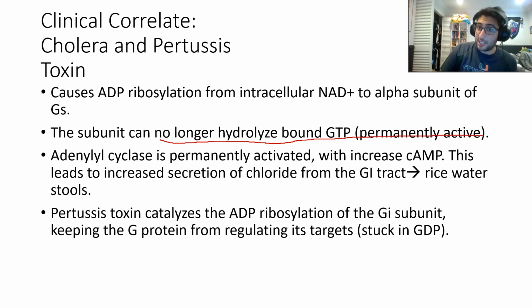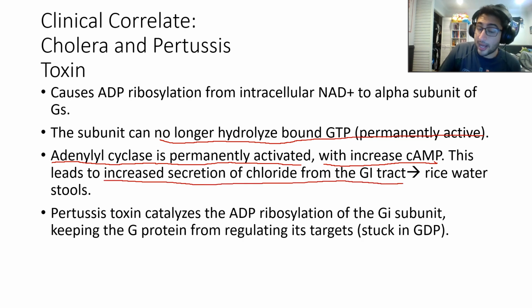Okay? So when GTP is bound to the alpha subunit, it's constitutively active. Now, once the alpha subunit is constitutively active, we're going to have constitutive activation of adenylyl cyclase. So that's going to be switched on, and that's going to increase cyclic AMP. So we're going to get increased secretion of chloride from the GI tract. So the effect of increased cyclic AMP inside the GI cells is that it activates the secretion of chloride into the GI tract.